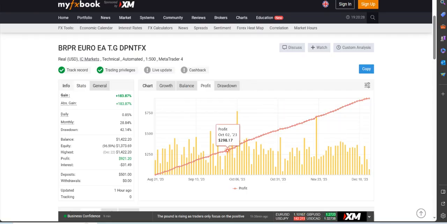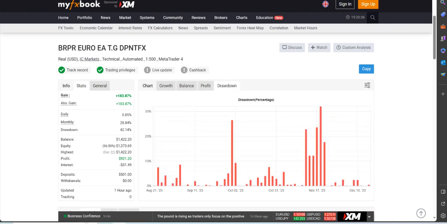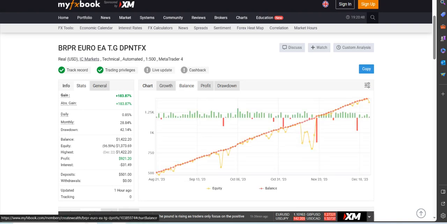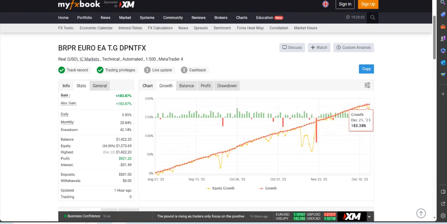If you see the profit graph, it has increased like this. If you see the drawdown graph, it was highest on October 2nd and then on November 20th. The balance increase and growth is like this.